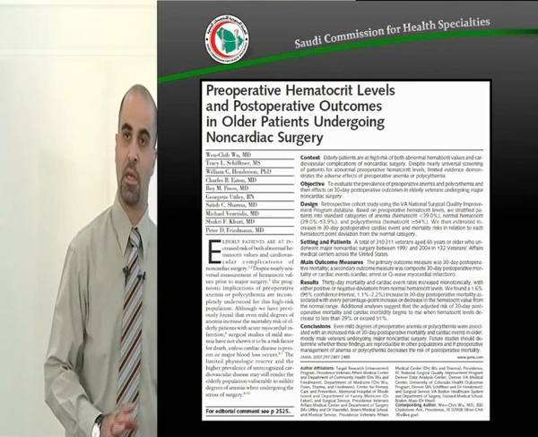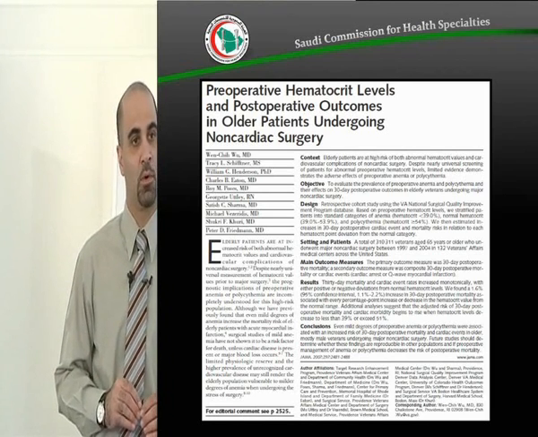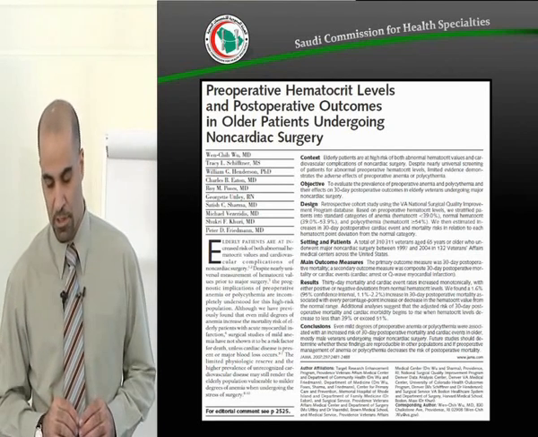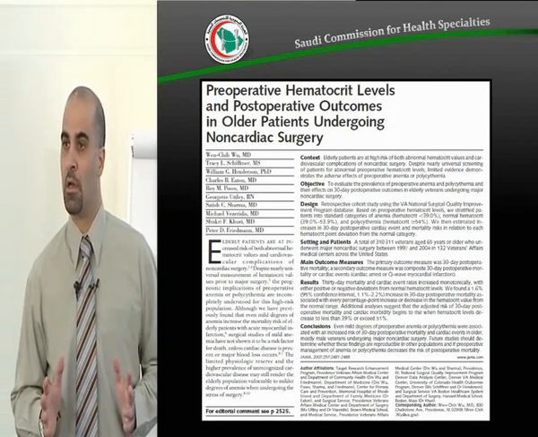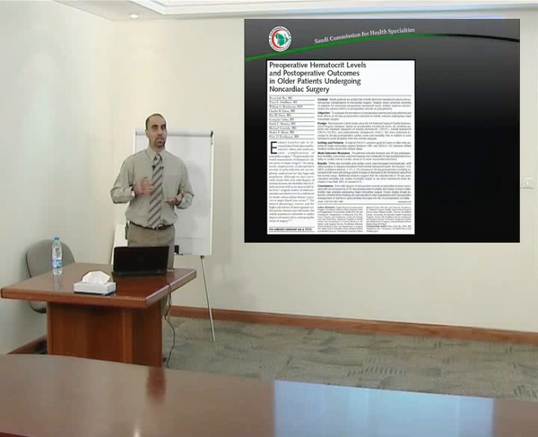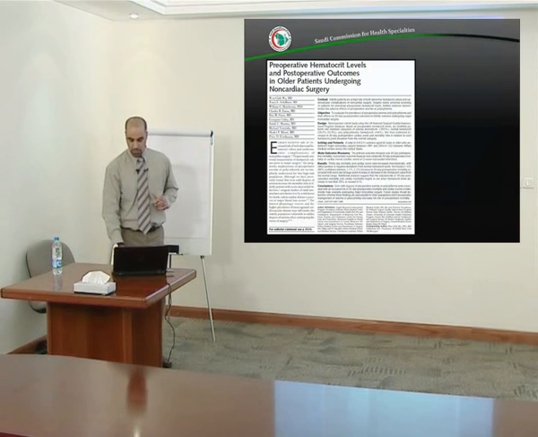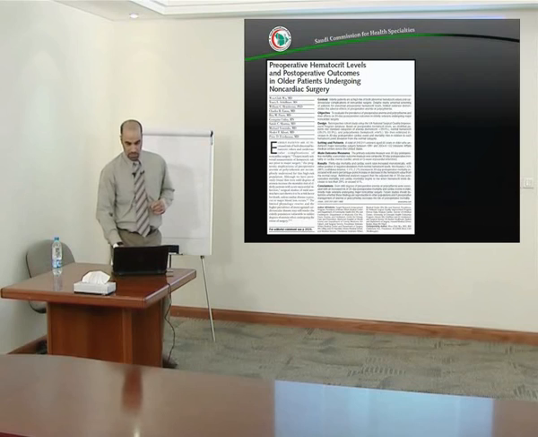So apart from the clinical aspect of the paper, I would like to address the different common parts that are included in any paper, such as the title, the authors, the journal, the publication, the abstract, and so on and so forth. So I will take each one by itself.